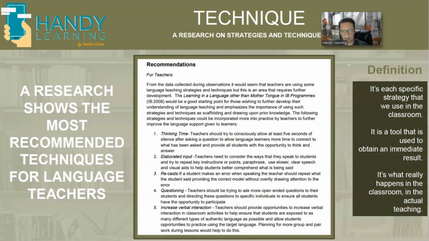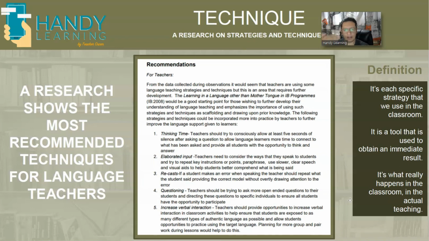This article can be read if you go to the reference of this PDF and you read the whole report. But you can read some recommendations here for teachers, such as we need to consider the thinking time. When we ask questions to our students, we should allow them to think before we start interrupting. We should allow them from 5 to 10 seconds, during which we must remain quiet.